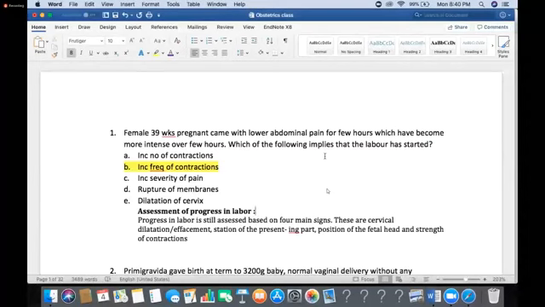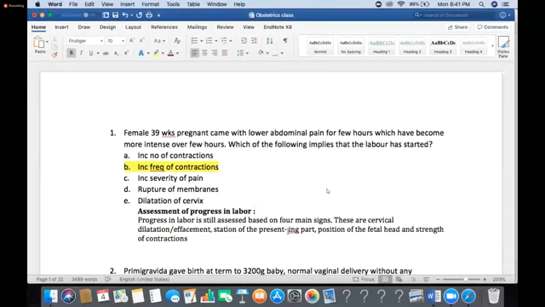Fetal fibronectin indicates that the amniotic sac has broken, but it does not imply that the labor is progressing. The question is asking about which of the following implies that the labor is started. The fetal fibronectin will also be there in premature rupture of membranes. Did you get my point?